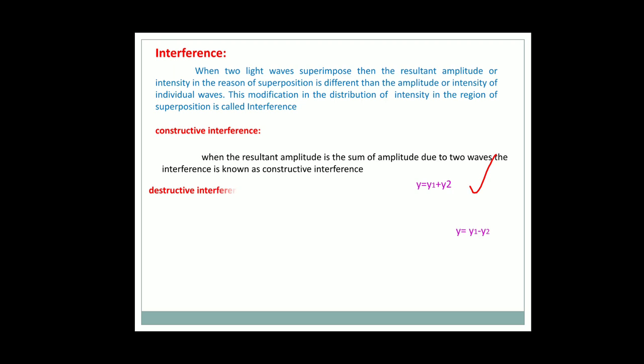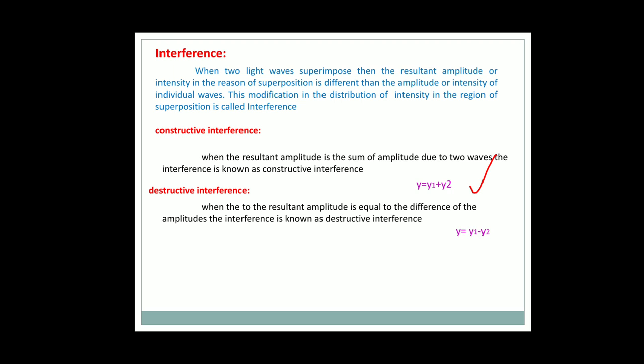What is destructive interference? When two coherent sources superimpose on each other and the resultant amplitude is the difference of the two amplitudes, such interference is known as destructive interference.